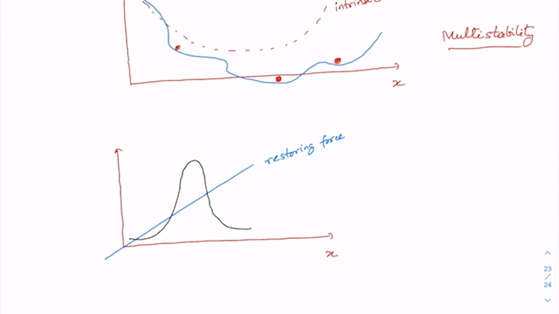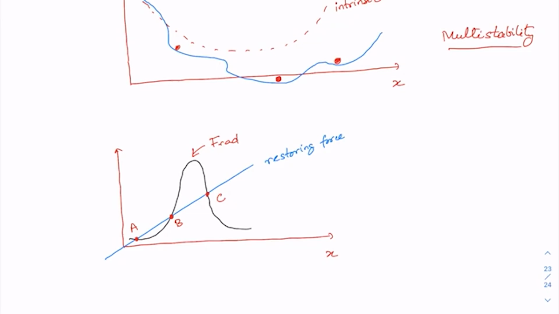Okay, so as you see, there are 3 points. Say this is point A, another point B, and this point C. At these positions, the radiation pressure force balances the restoring force. So at points A, B and C, the restoring force and radiation pressure force are equal.